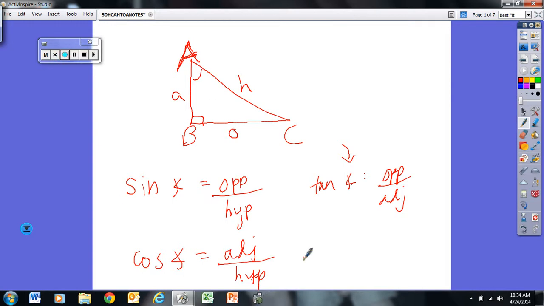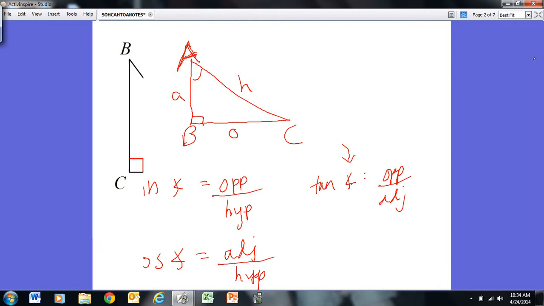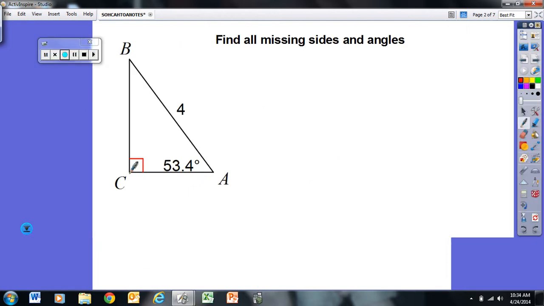So for instance, let's try a problem. Here's a right triangle. You have to be told that it's a right triangle or you cannot do trig. Find all the missing sides and angles. Hopefully you dig back into your geometry brain and say, well, all the angles of a triangle have to add up to 180.